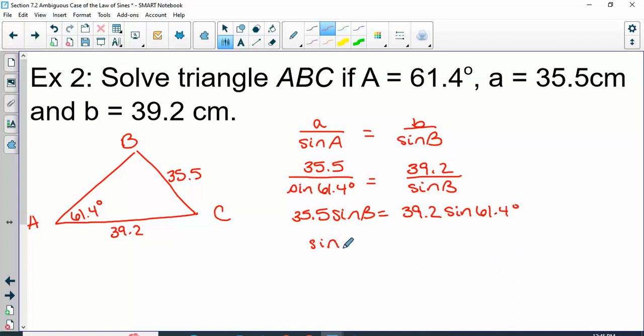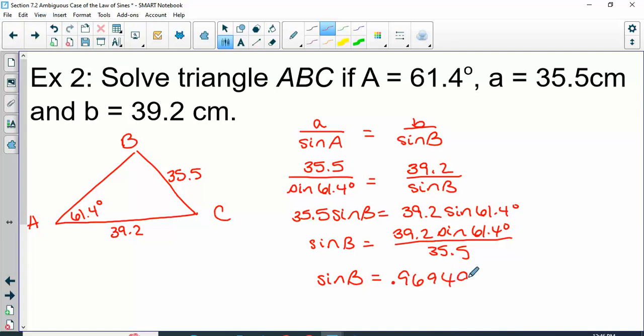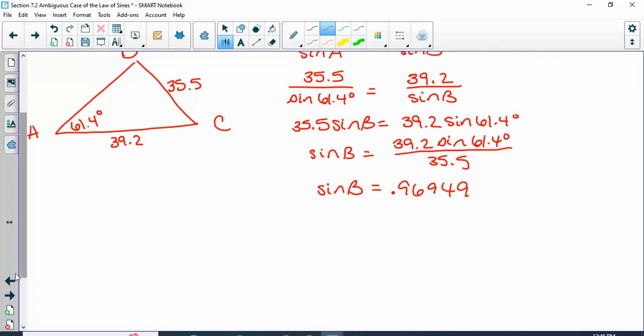And then we have to divide. Type this. Keep a few decimal places right now to minimize our rounding error.